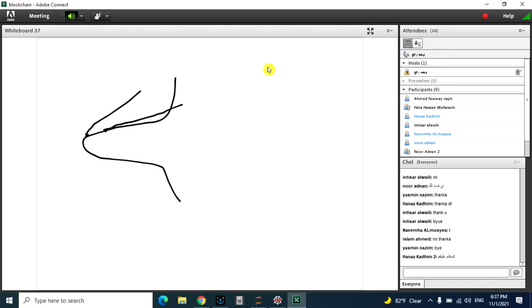Draw a tangent line. Tangent line, I think in Arabic it's called mamas. And using this tangent line, the keys are defined. Just a minute.